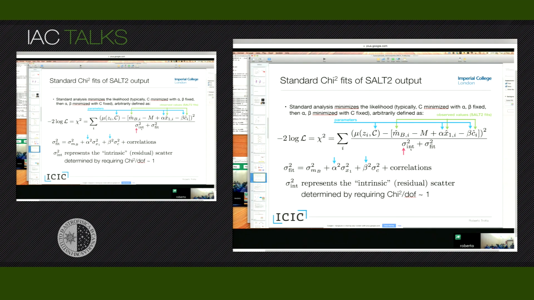The first statistical problem is that what people do is they just inflate sigma intrinsic by hand until they get a chi-square per degree of freedom of 1. In other words, they make the error as large as it needs to be for their fit to be good, as measured by the chi-square per degree of freedom criterion. That's not a good idea, because your fit is then, by construction, a good fit.